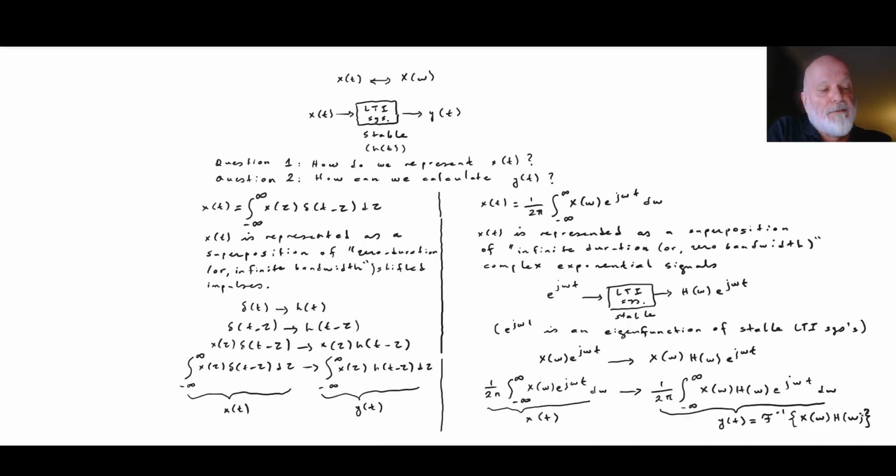The second approach, that means the representation in terms of a superposition of complex exponential signals, leads us to the expression, again, equivalent to convolution, because we know that multiplication of x of omega with h of omega corresponds in the time domain to convolution of x of t with h of t.